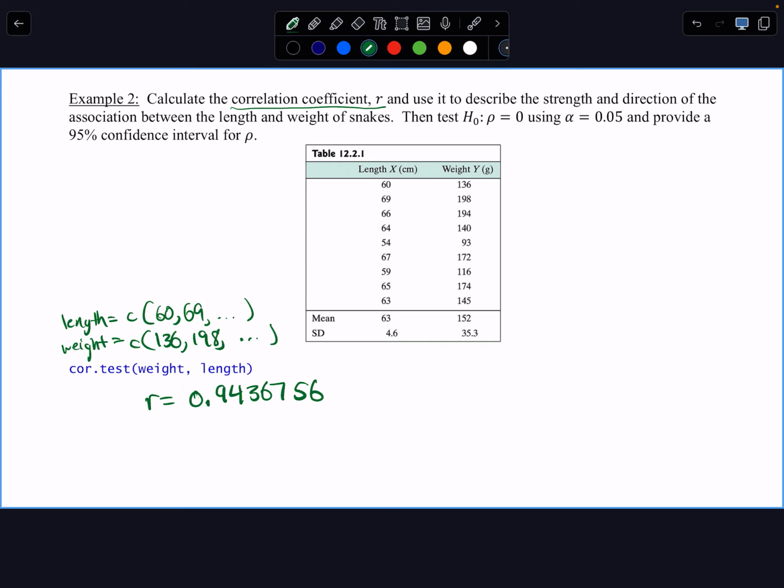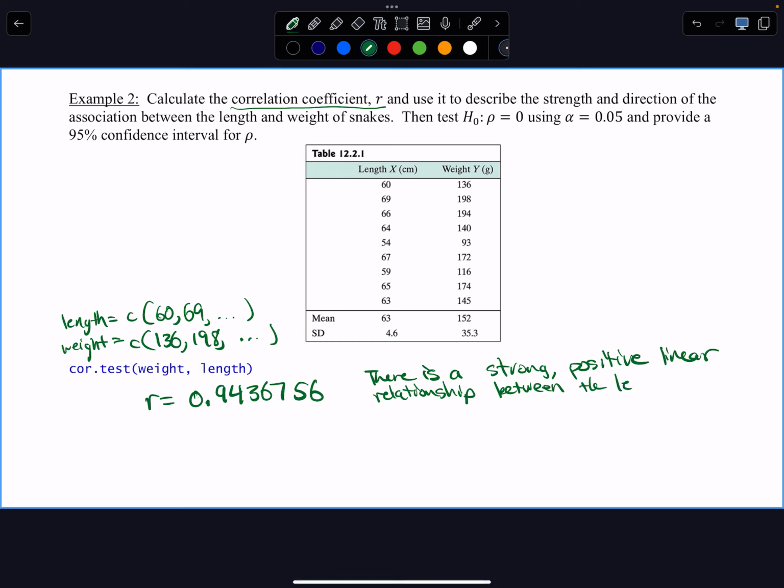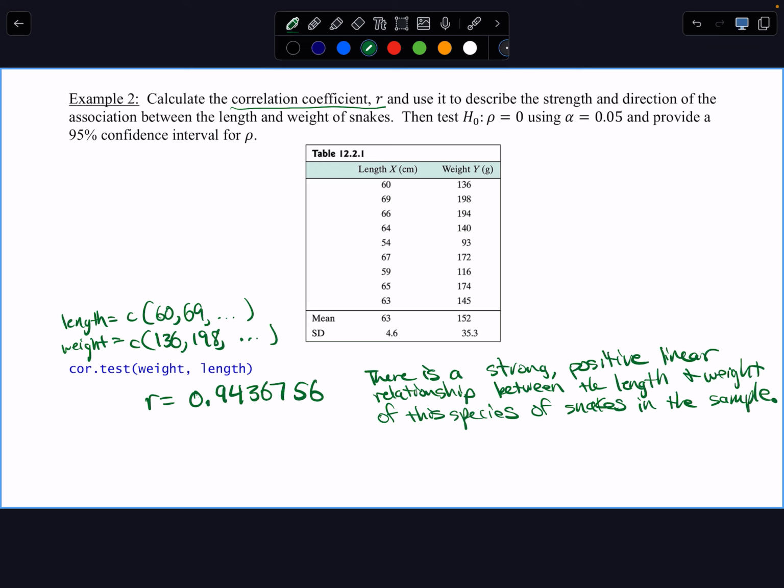So I'm going to say that there is a strong positive linear relationship between the length and weight of this species of snakes in the sample. That's evidenced by that correlation coefficient R there.